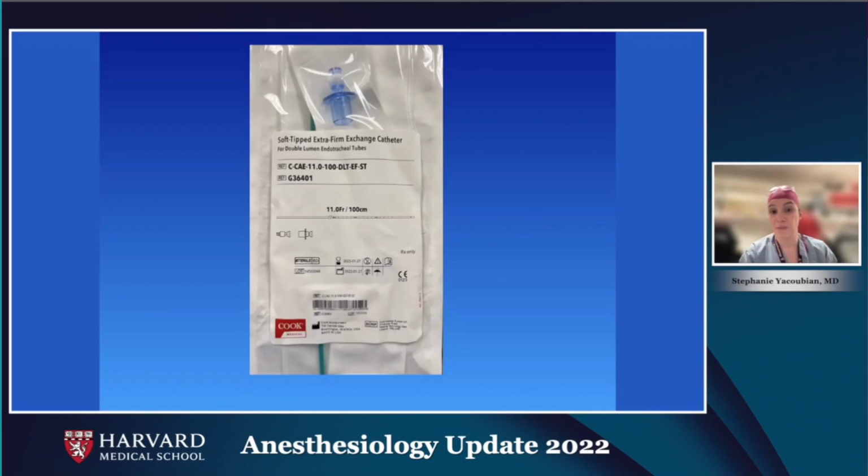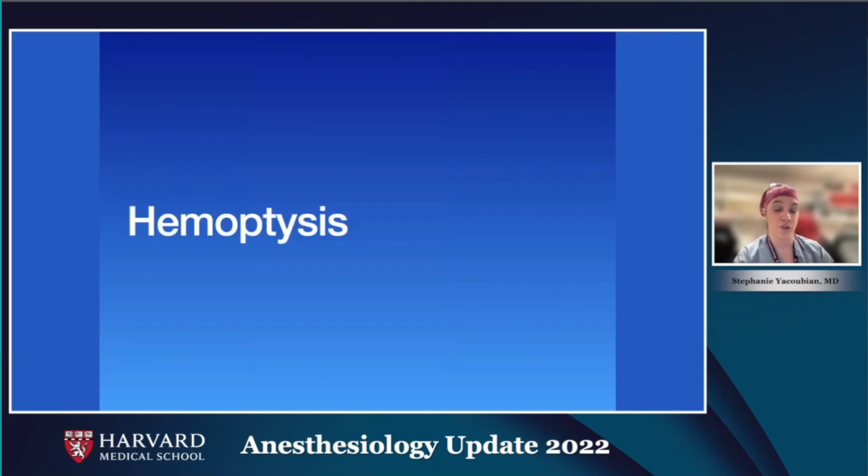So if you don't have a very small tube present, think of your tube exchanger, your entry as tubes for ventilation, because these exchange catheters and devices do come with these adapters that will allow you to either jet through or to ventilate through with positive pressure. So always keep these adapters handy and think of these as like the smallest tubes you have in your operating room. I'm always thinking of these as my backup for these really difficult scenarios. You can also use a pediatric bronchoscope to flush oxygen into the field.